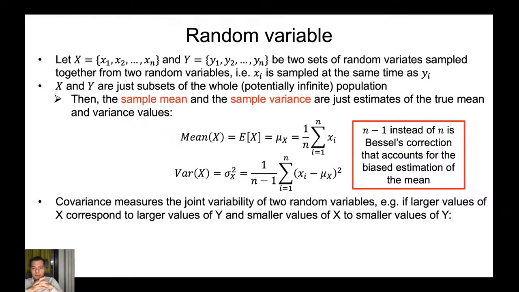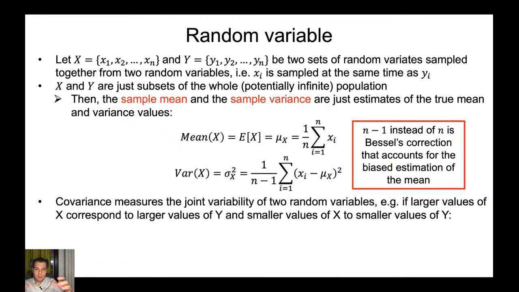In a similar way with the variance, we can also compute the covariance of two random variables. Covariance is a value that tells us if large values of x correspond to large values of y, and small values of x correspond to small values of y.